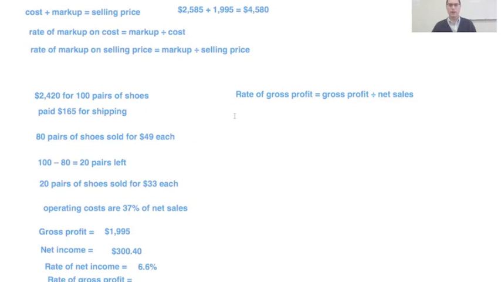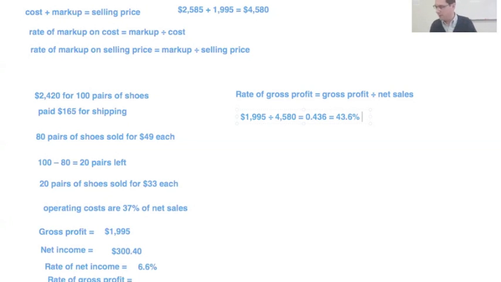So gross profit, $1,995 divided by 4,580. We've got this beautiful decimal here. So to the nearest tenth of a percent, 0.436, it looks like, or converted to a percent, 43.6%.